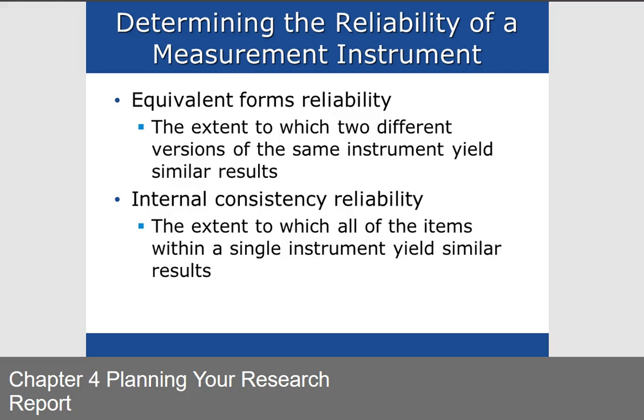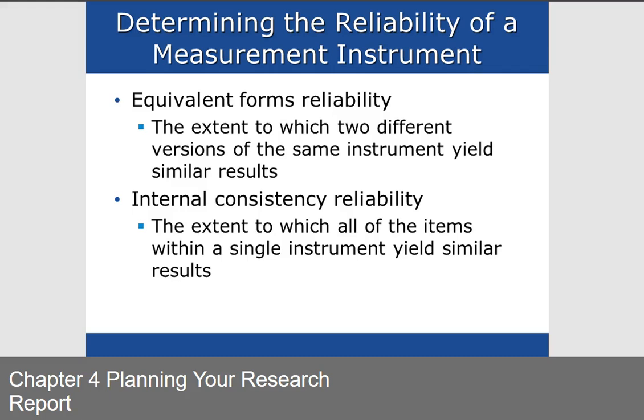And then lastly, we have what's called internal consistency. This is the extent to which all of the items within a single instrument yield similar results. And there are a whole host of reliability analyses that we can do regarding internal consistency.